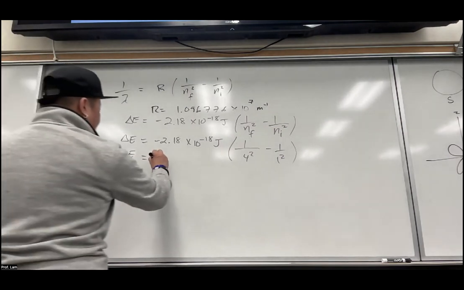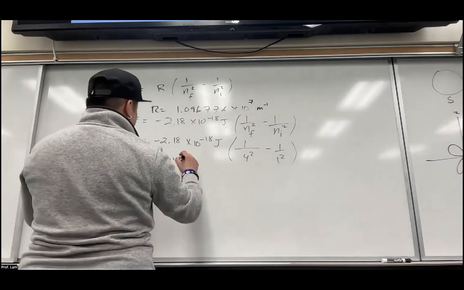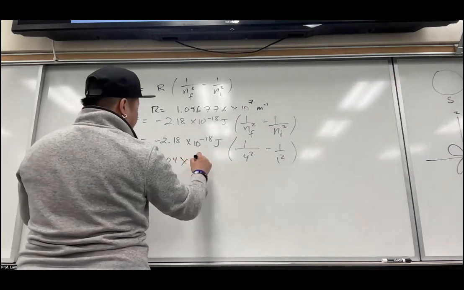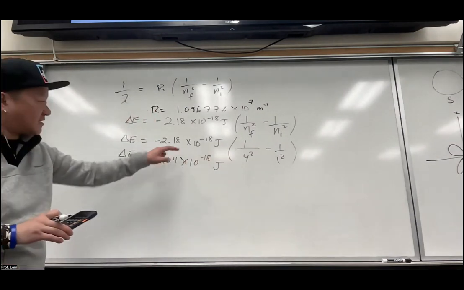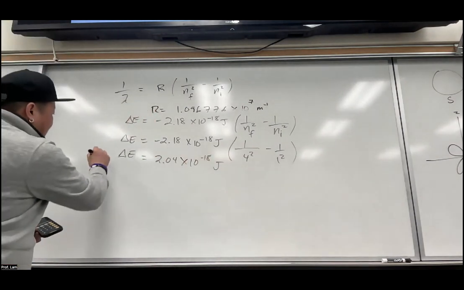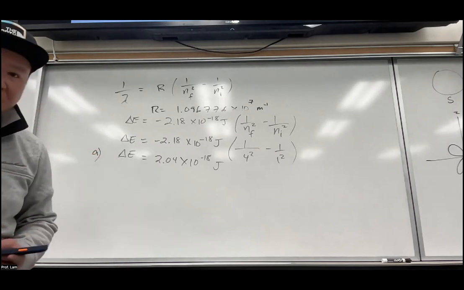And I get 2.04 times 10 to the minus 18 joules. So 3 sig figs because of that number. Okay, so that's the answer for A. It's asking for a change in energy.